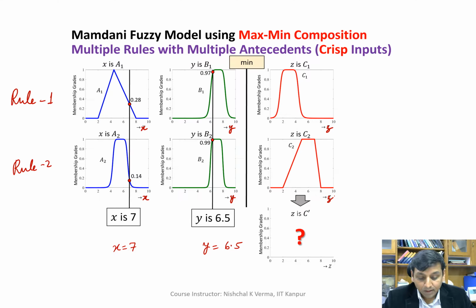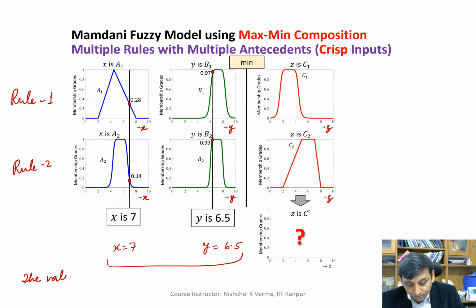Now here we see that we have these inputs, the values of x and y here are crisp values.